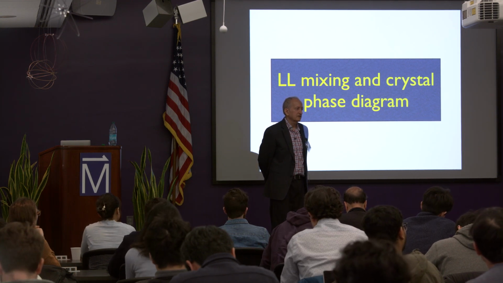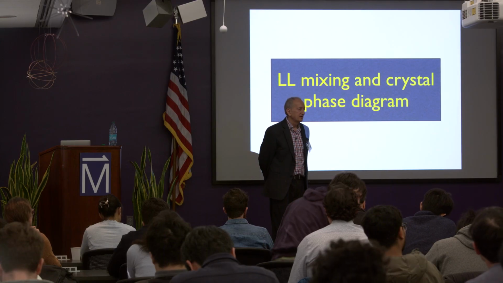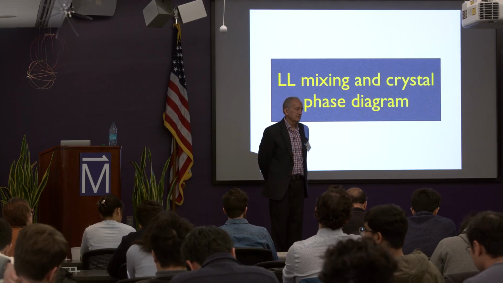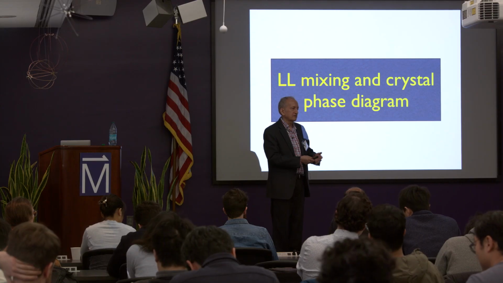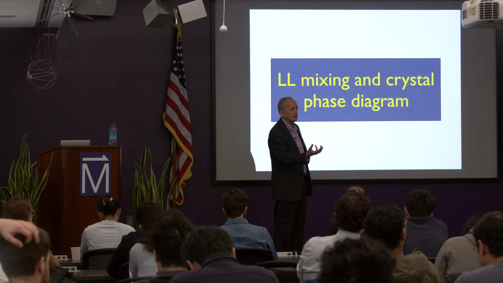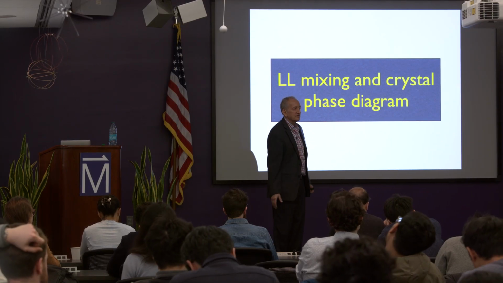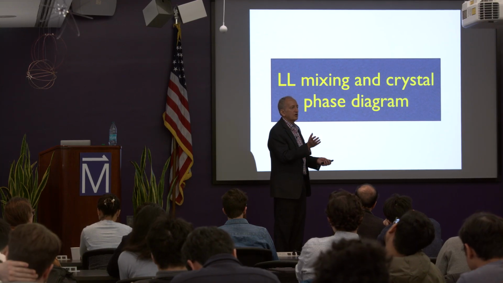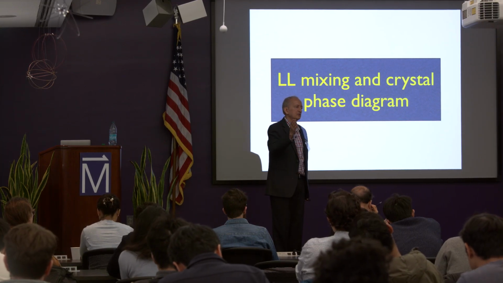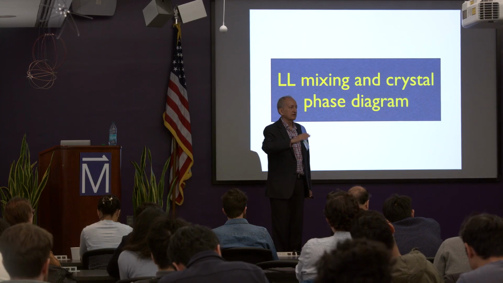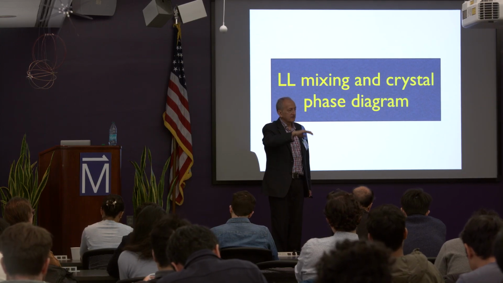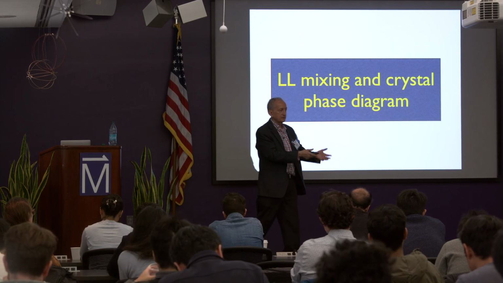Let's say you're at 3/5. You can think of that as 2/5 of holes, and you can then make a composite fermion, which is a bound state of a hole and some vortices. Or let's say you start from 2/5 and you go in one direction or the other direction. In one direction you get a crystal of quasi-particles, in the other direction you get quasi-holes. Maybe that's what we meant.